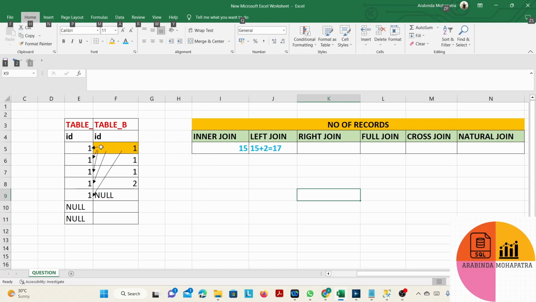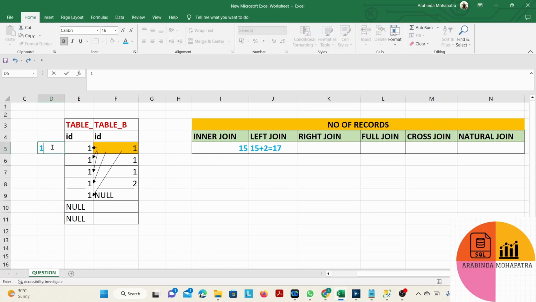It will match with this 1, then here 2, here 3, here 4, and here 5. 1 is not equal to 0, and 1 is not equal to null either, so those fetch 0 records. So the total number of records for the first row from table B is 5.